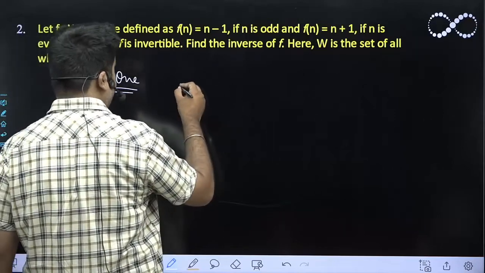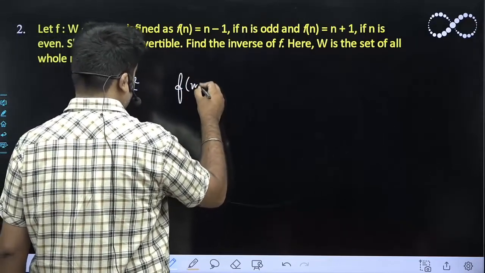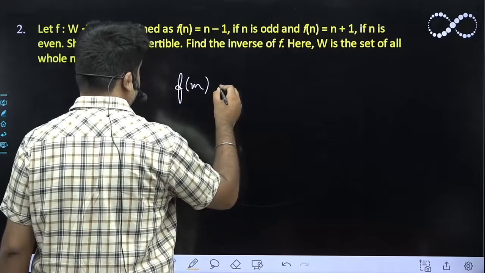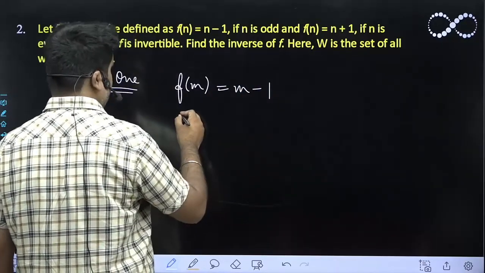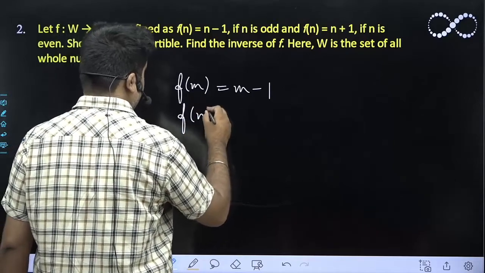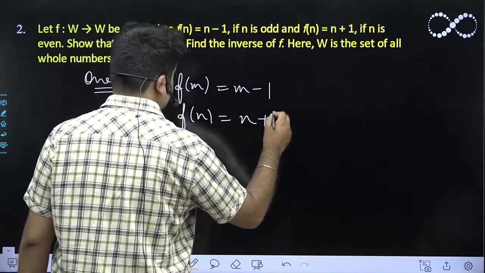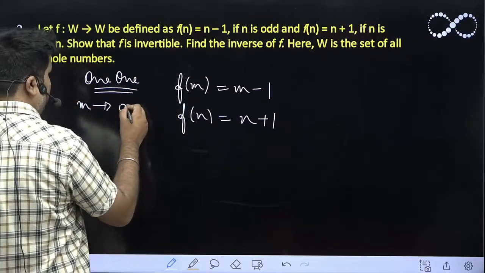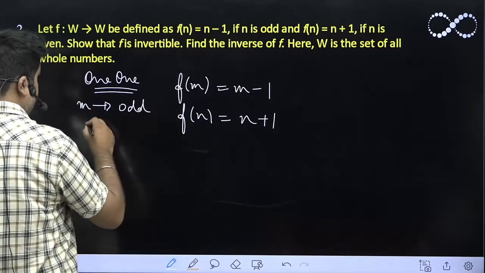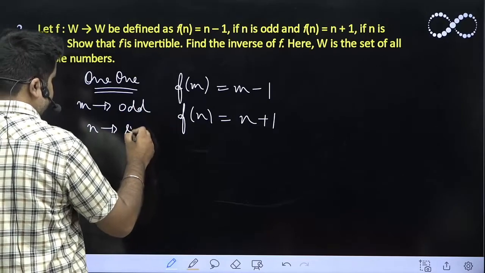So let's take two values: f(m) = m minus 1 and f(n) = n plus 1. Here we are taking m odd and n even.